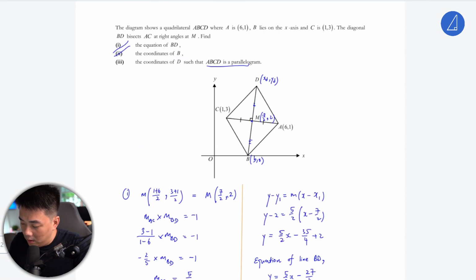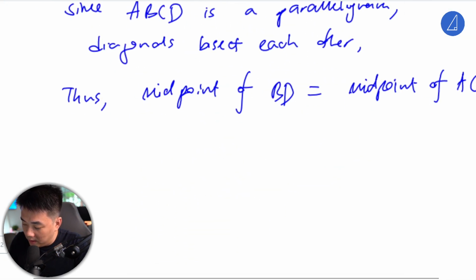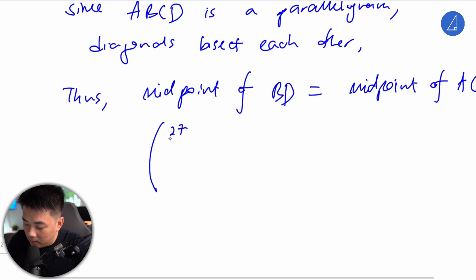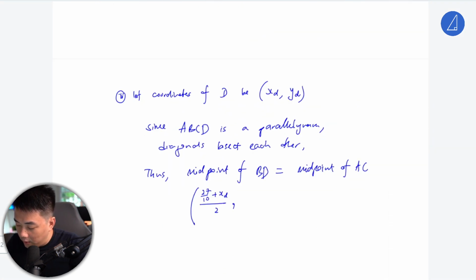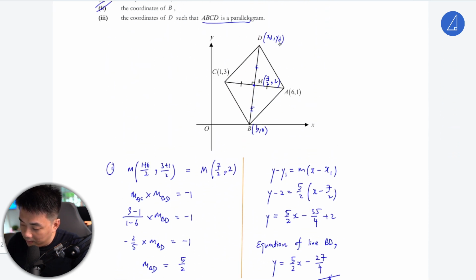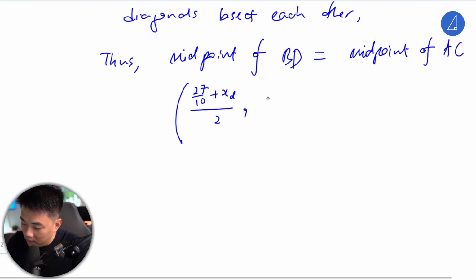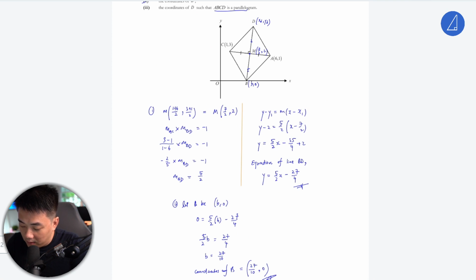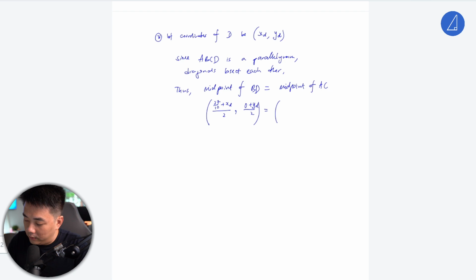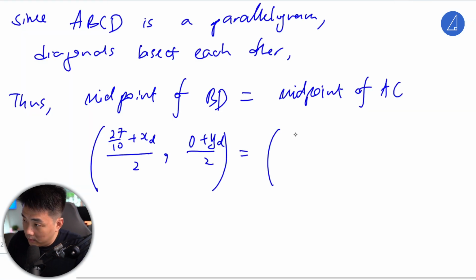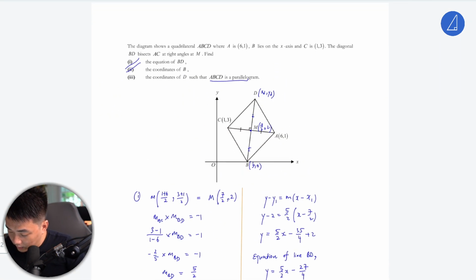Midpoint of BD, so we have B, which is 27 over 10 plus XD over 2, and then 0 plus YD divided by 2. This will be equal to the midpoint of AC, which we found, the coordinates of M, 7 over 2 and 2.